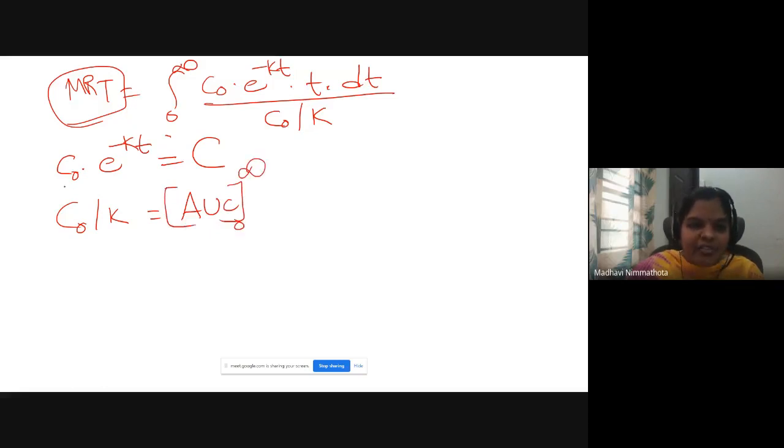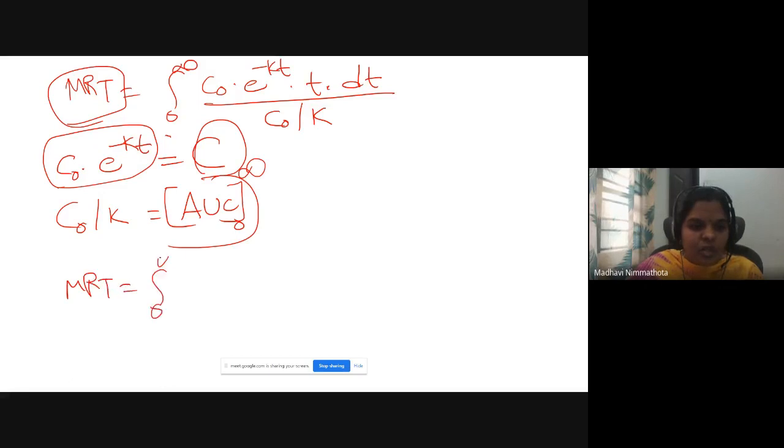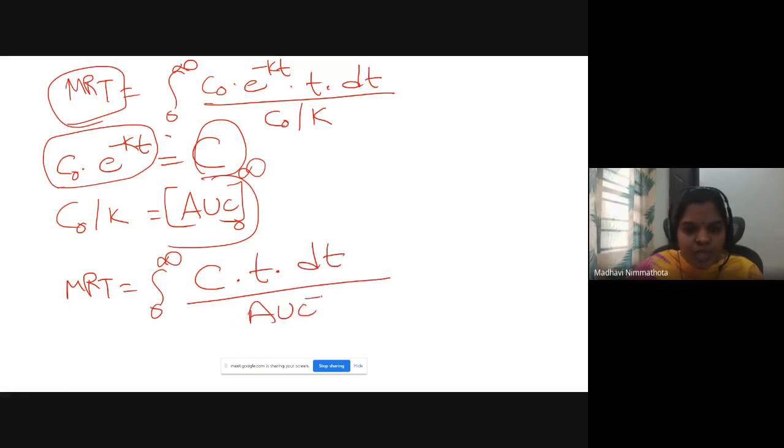So instead of writing these terms, you can replace them with these terms. Then the MRT equation is integration from 0 to infinity of C into t into dt, divided by AUC 0 to infinity.